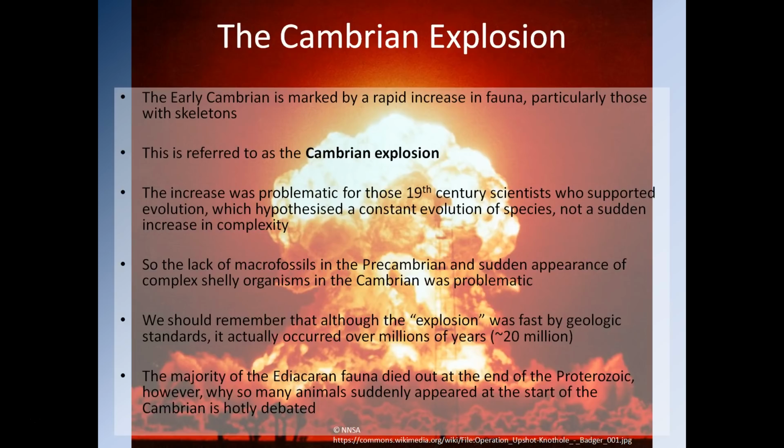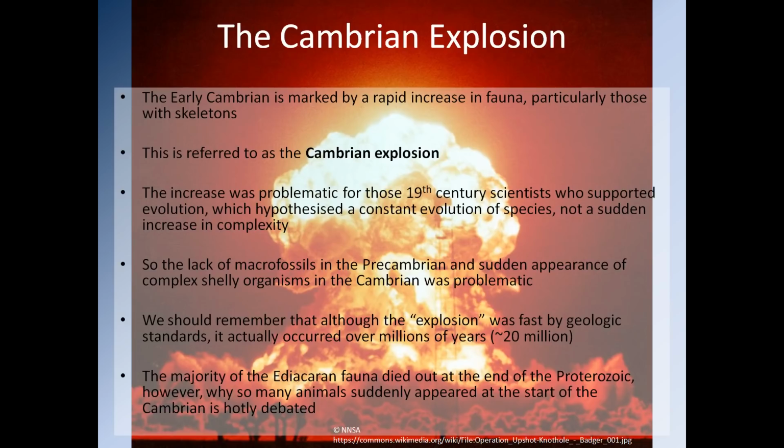So the increase was problematic for those 19th century scientists who supported evolution. And of course, evolution hypothesized that essentially it was a gradual process. So obviously before the Cambrian explosion, you would have to have a build-up of several generations of organisms that led you to the Cambrian explosion. Now, when we look at the rock record, because we didn't have many macrofossils, remember the Ediacaran fauna weren't discovered until relatively recently.